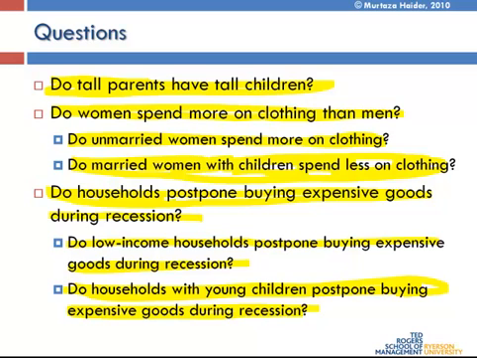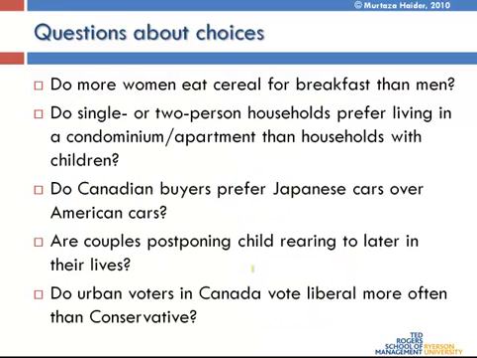So the use of regression could also be extended to questions of choices. For example, do more women eat cereal for breakfast than men? And here's a choice, cereal versus non-cereal breakfast. Or do single or two-person households prefer living in a condominium or an apartment more than households with children?